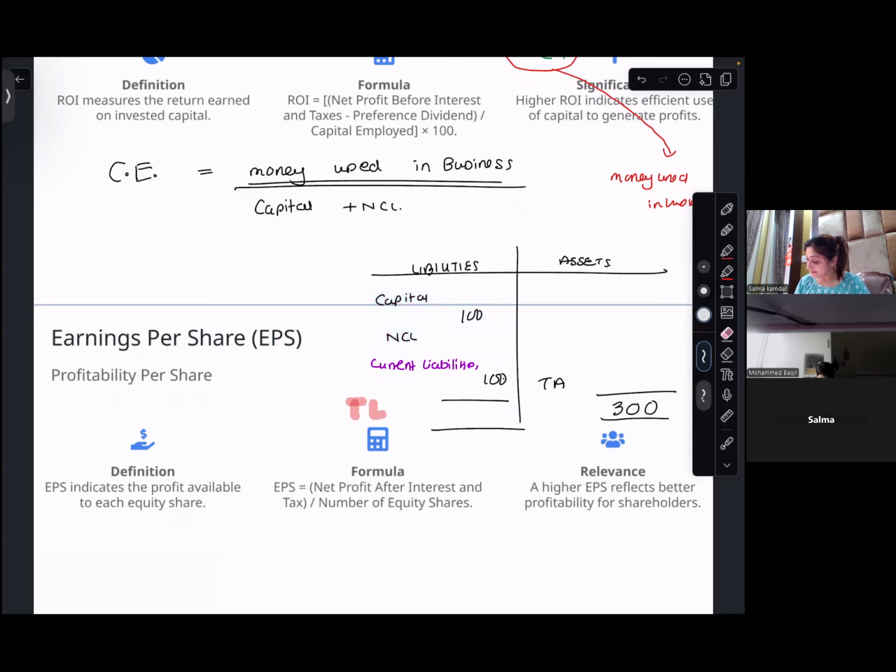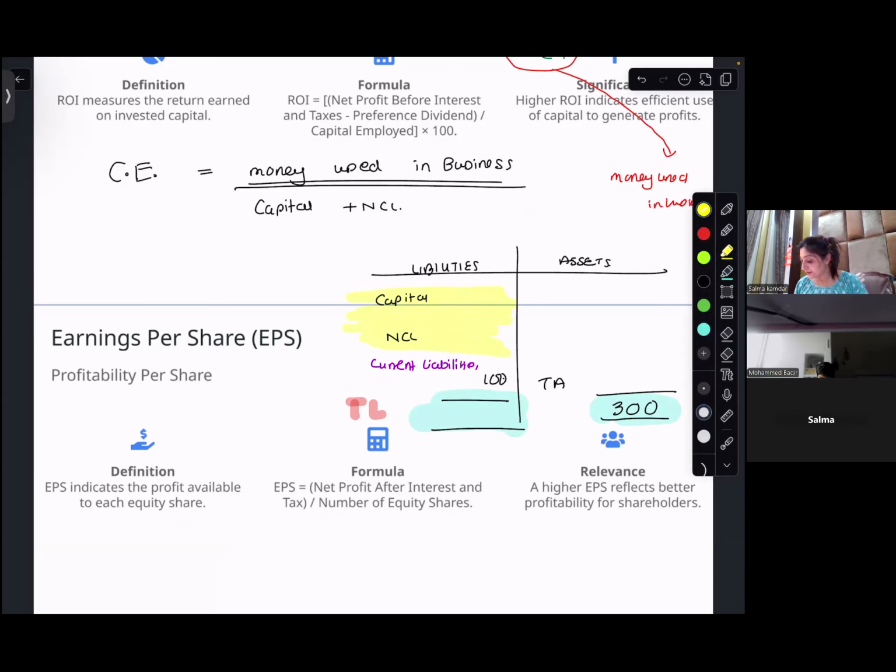Current liability and total asset. I have given you your total asset is 300, current liability is 100. What will be your capital employed?